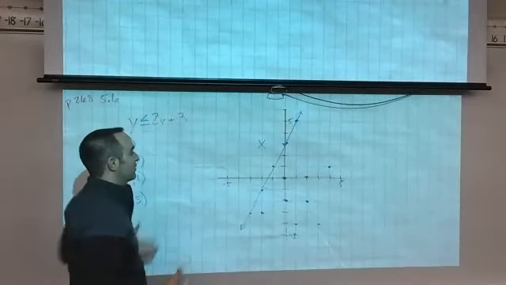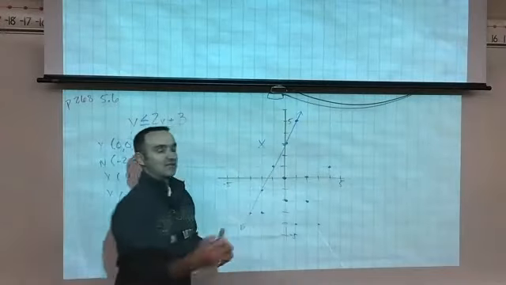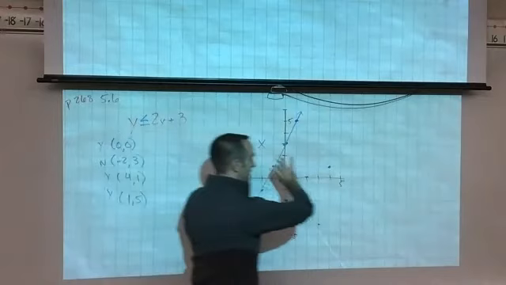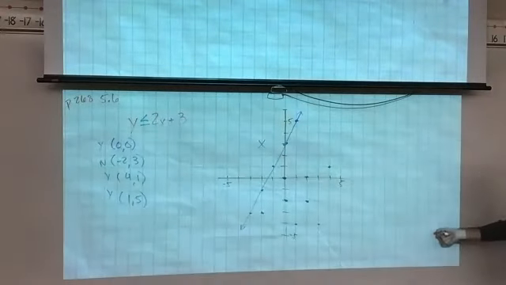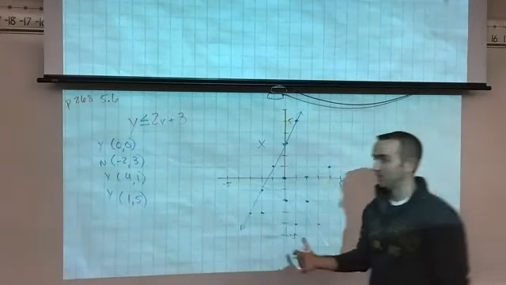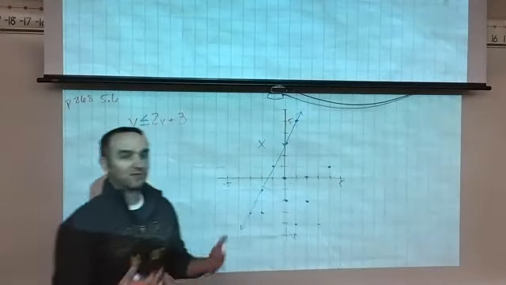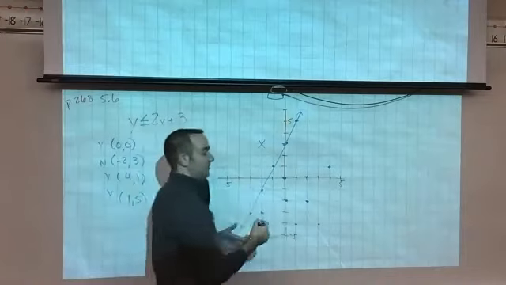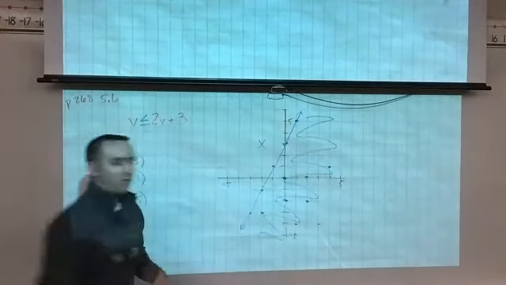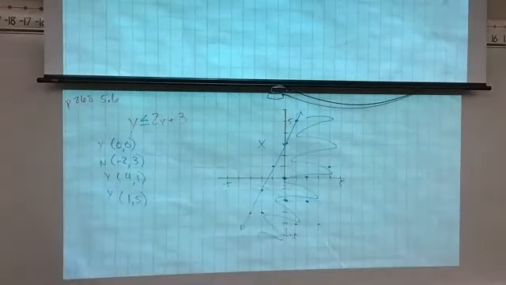Okay, so we can't go and put dots on every single solution. There's an infinite number of solutions here. Everything this way, going all the way out here, is still a solution. Anything on this side of the line is going to be a solution. So what we're going to do is we're going to have some fun coloring today, even if it's just with a pencil. You get to shade the whole side of the graph.